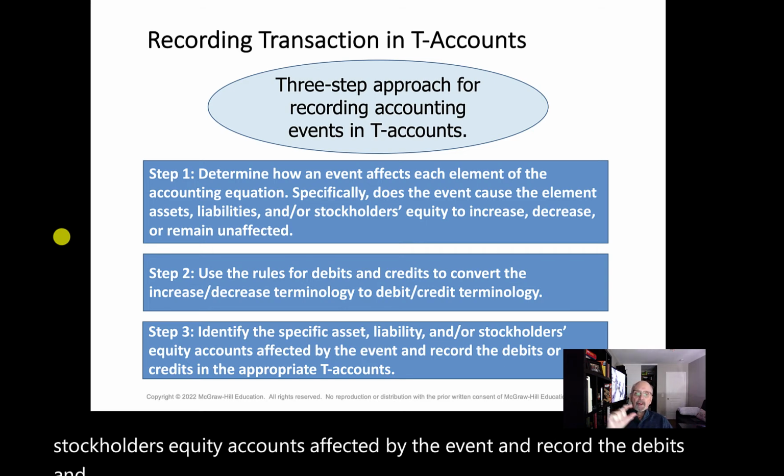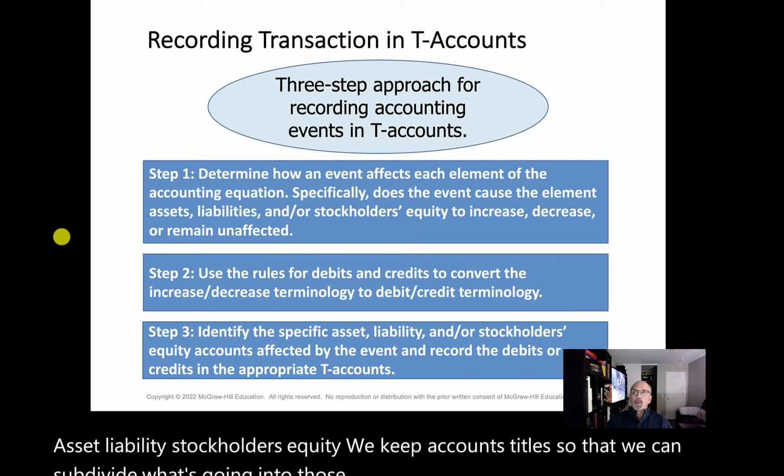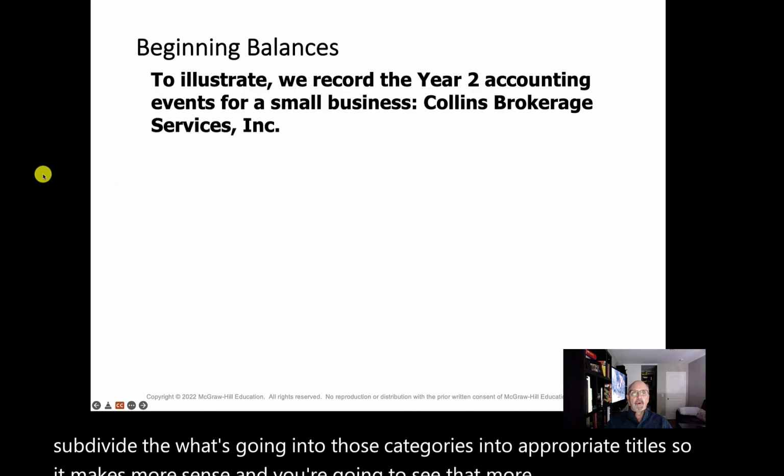So remember, under each category, asset, liability, stockholders' equity, we keep account titles, so that we can subdivide what's going into those categories into appropriate titles. So it makes more sense. And you're going to see that more clearly when we go forward.